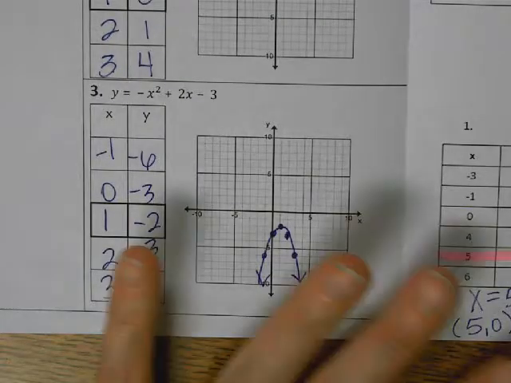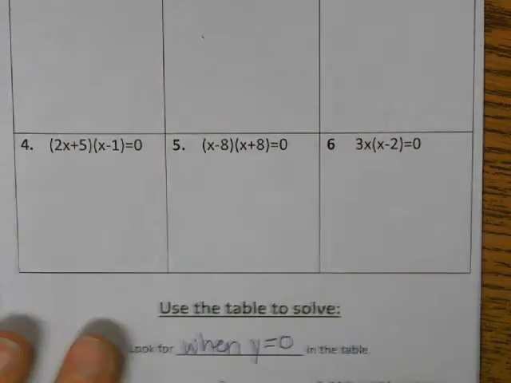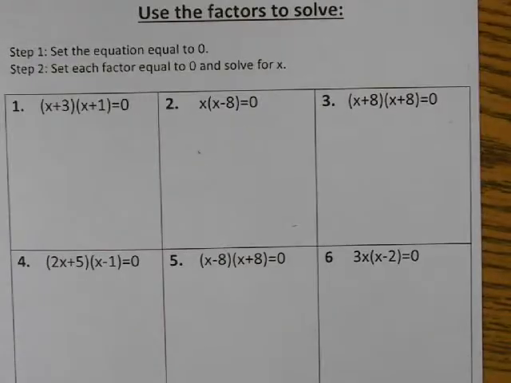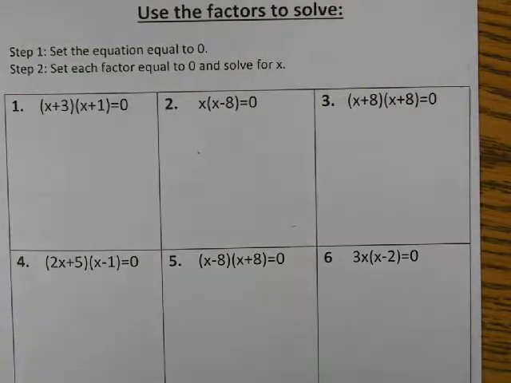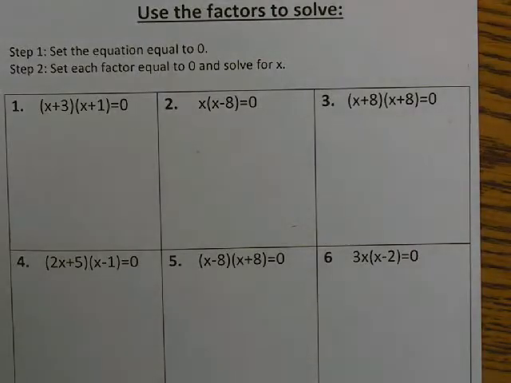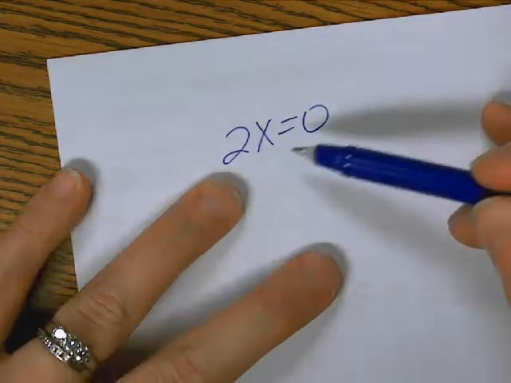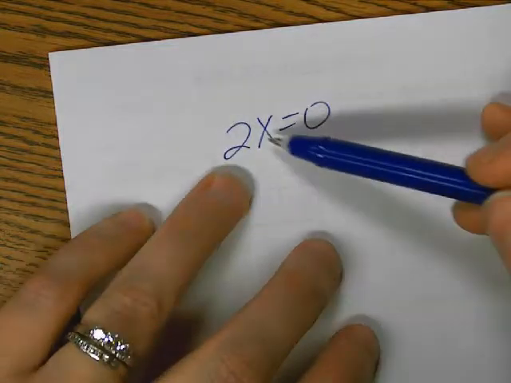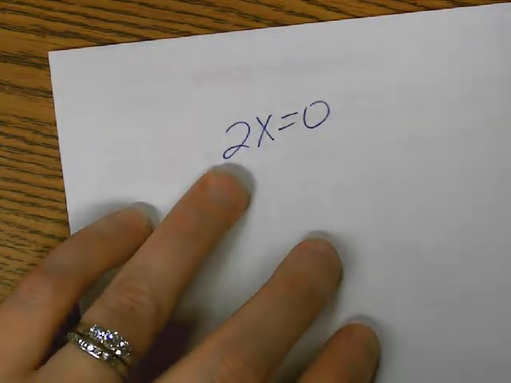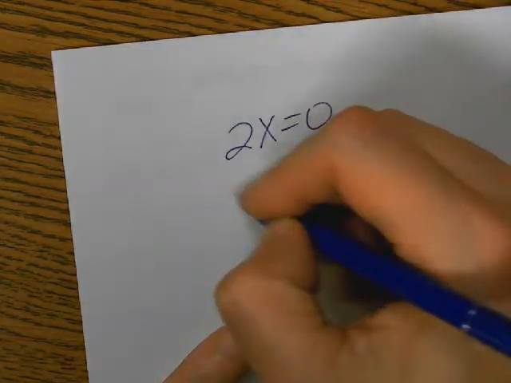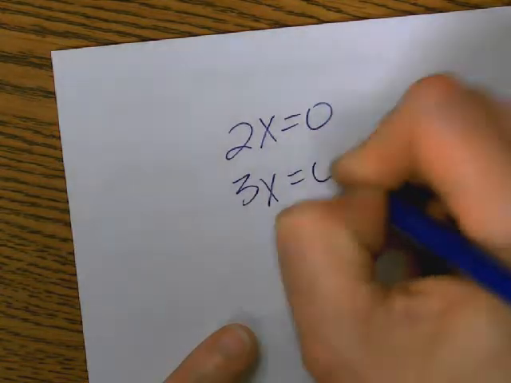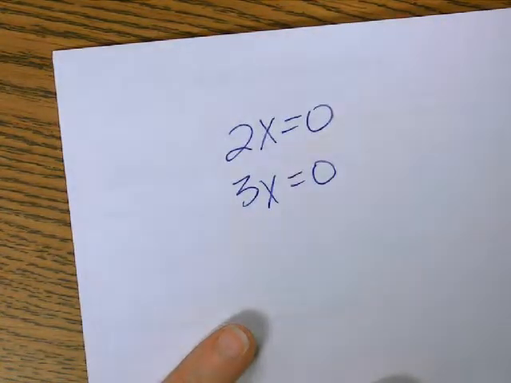The last concept we're going to talk about today is using factors to solve. So factors are numbers that you multiply by. Okay? So if I were talking about, let's say 2x equals 0, the only way for 2 times some number to be 0 is if this x is 0. If I said 3x equals 0, x would have to be 0.